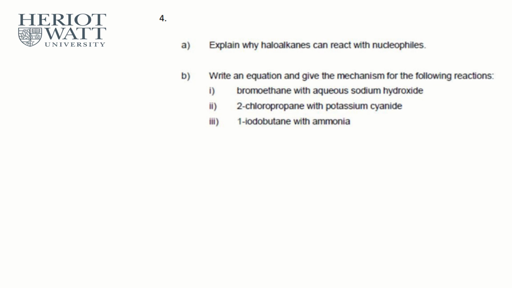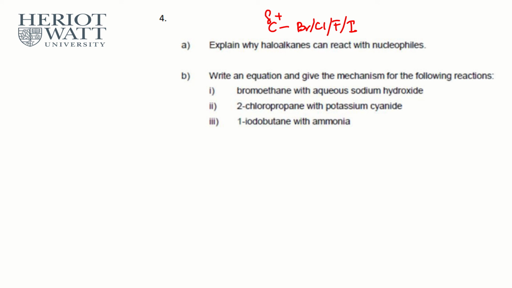Okay, 4. Part A, explain why haloalkanes can react with nucleophiles. Why do nucleophiles attack haloalkanes? Why is haloalkane susceptible to nucleophilic attack? So what structural features in these haloalkanes draw the attention of nucleophiles? Because haloalkane has a delta positive carbon.